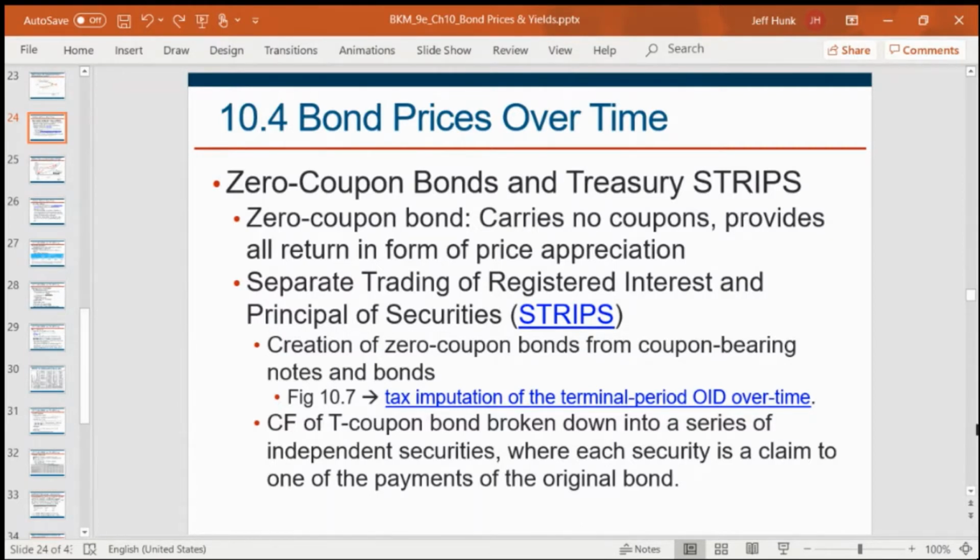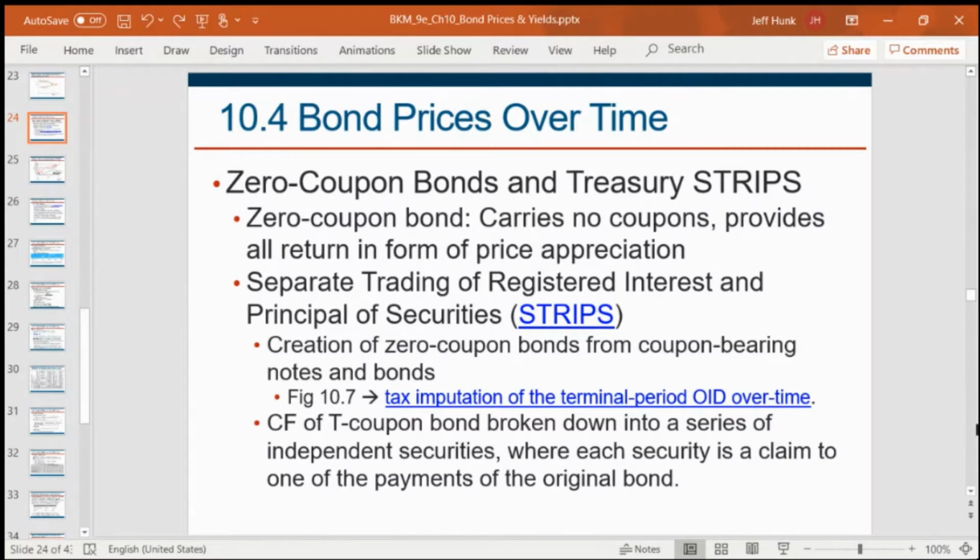So if you have these 10 coupon-paying bonds with a total face value or par value of $10,000, and the coupon rate is 10%, at the end of year one it will pay the coupon interest of $1,000.